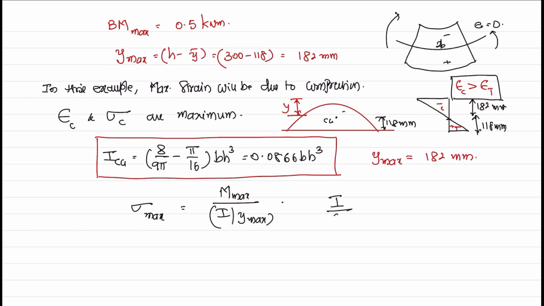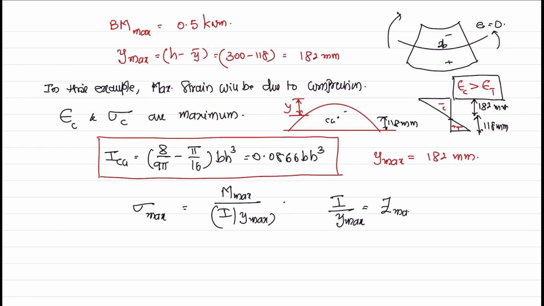I by Y max is equal to Z max. But here I have to calculate I. What is I? I is equal to 0.0866 BH cube. Everything we have to convert into SI units. Please be careful with the units.